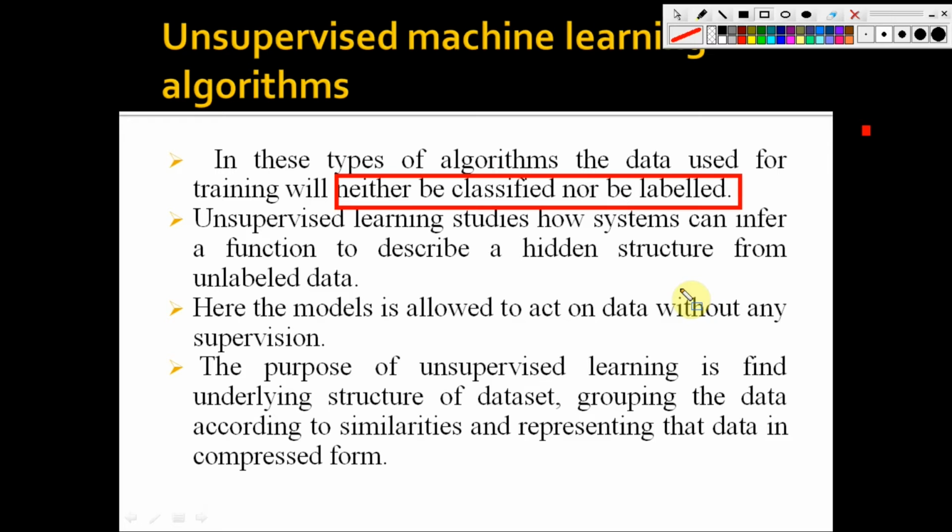If the output is correct, then the penalty will be less. If the output is wrong, the penalty will be greater. So in the next step it will try to reduce the error. The purpose of unsupervised learning is to find the underlying structure of the dataset, grouping the data accordingly. That's what I just wanted to discuss.